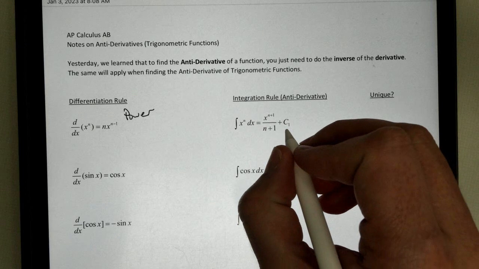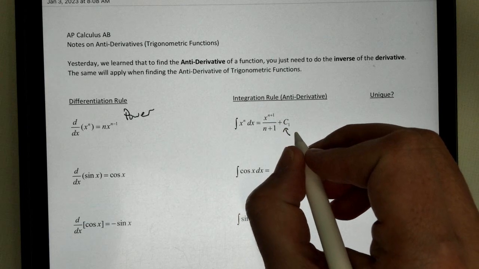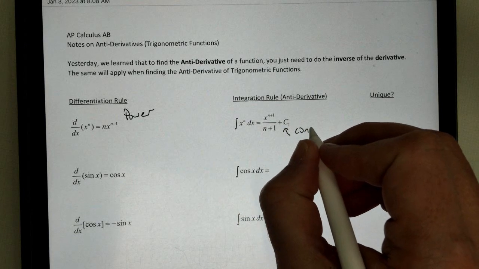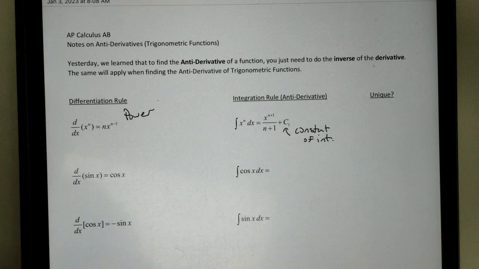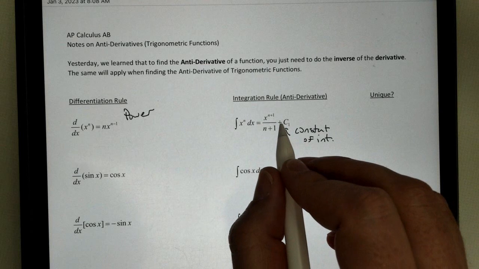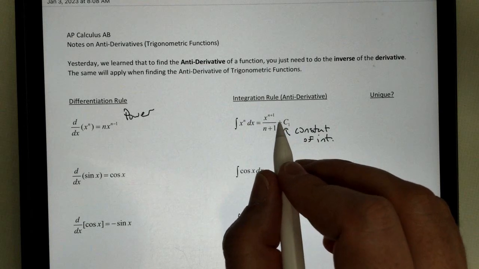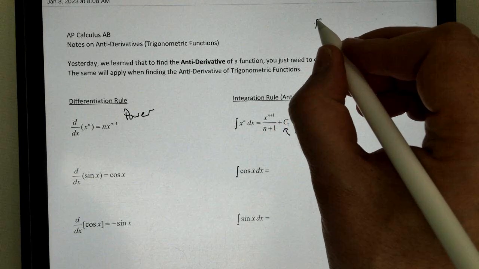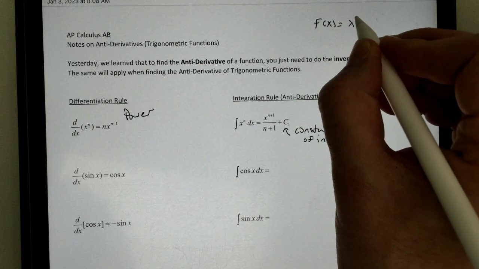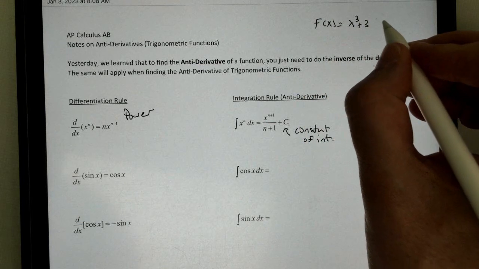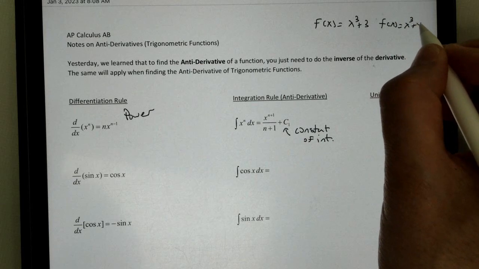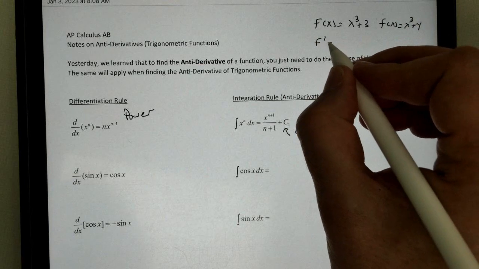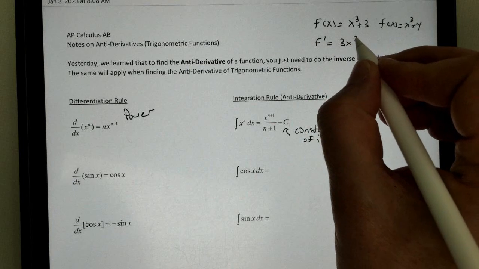The only thing we have to do here is add this plus c, which we call the constant of integration. Hopefully you remember from yesterday's video, if I have a function, for example, x cubed plus 3, or let's say another function, x cubed plus 4, notice if we take both of their derivatives, they're the same.